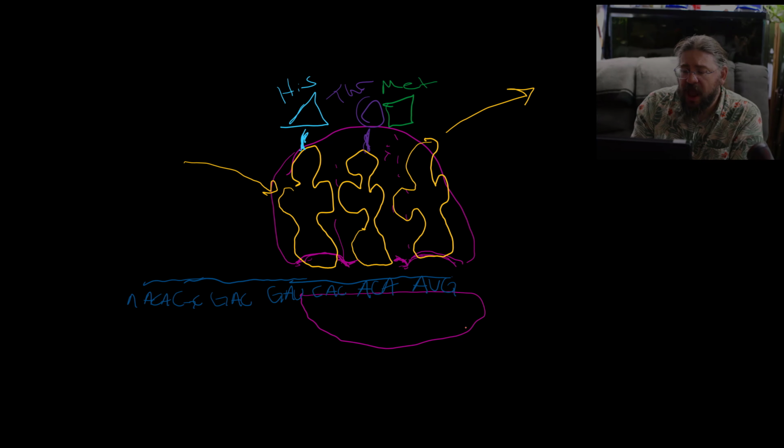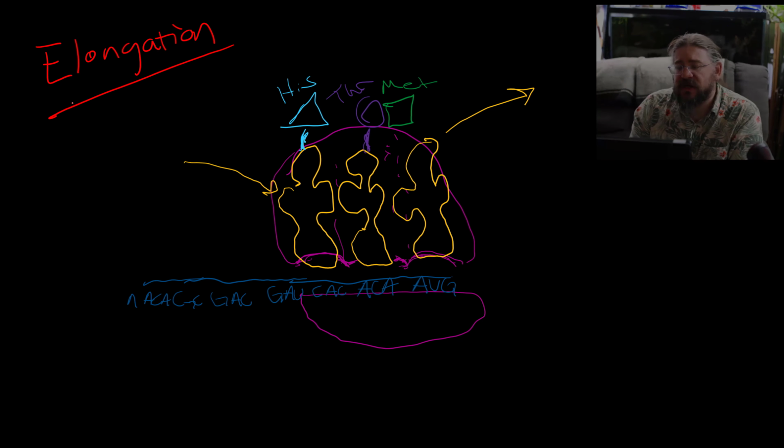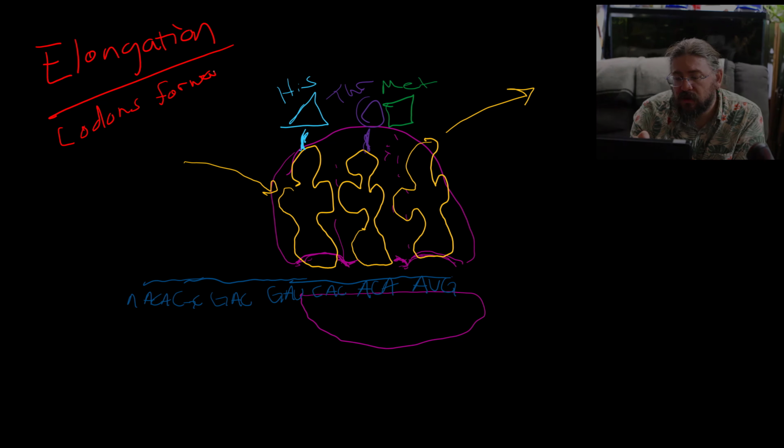From here on out, the process will be elongation. And elongation is pretty simple. All that happens is our codons move forward one codon at a time.